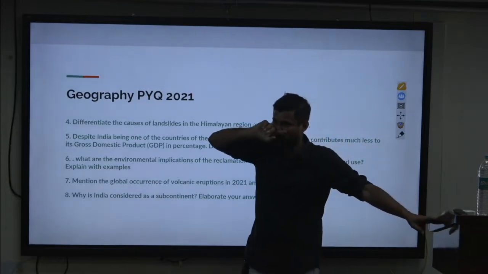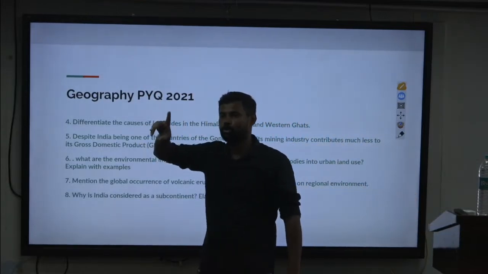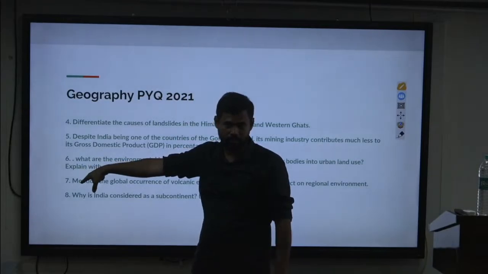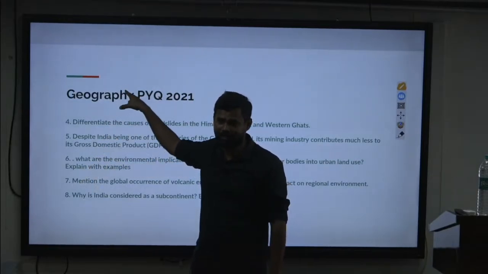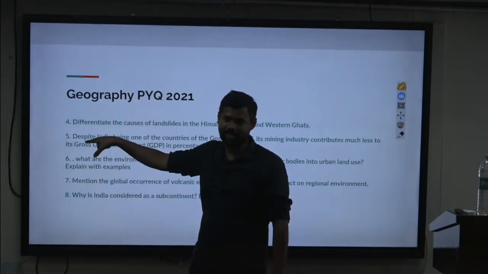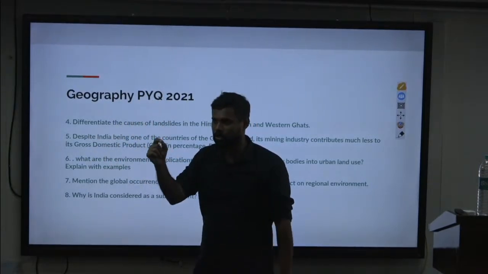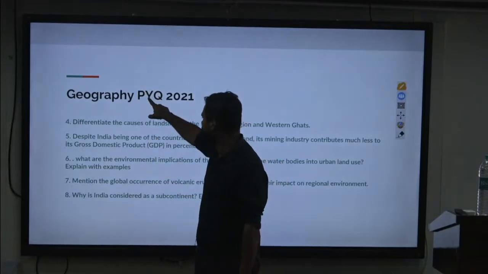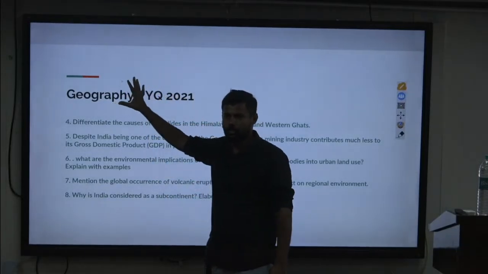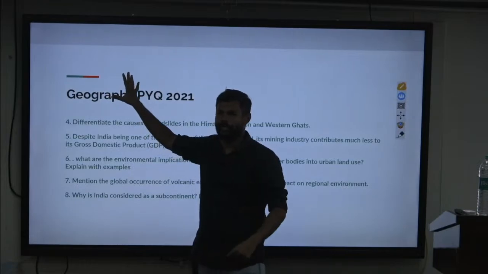Now one more thing, don't draw the map just to show where the Himalayas are and where the Western Ghats are. That is demeaning to the examiner. When the examiner looks at it and there is nothing there, then it is not correct. When you show the landslide regions in, let us say, the Himalayas, you demarcate and add some value to it.